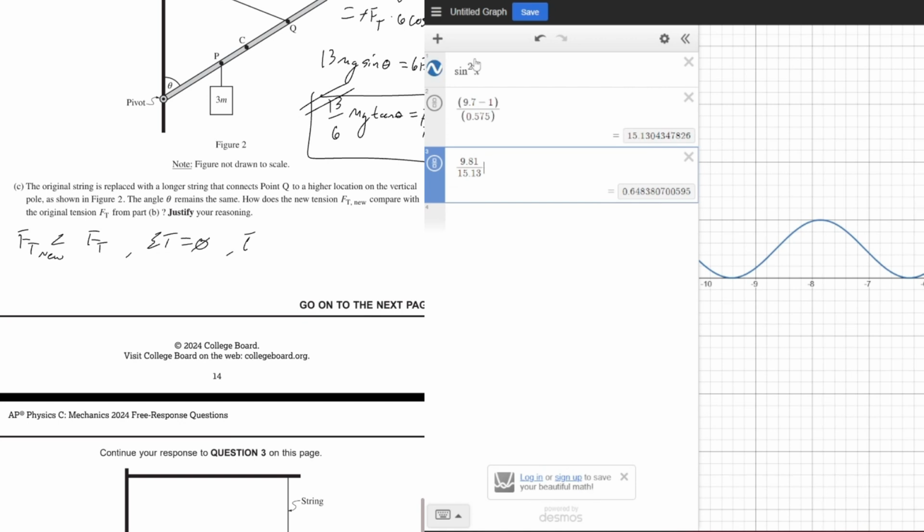The torque due to 3mg and the torque due to the force of gravity on the rod remain constant. Hence, the torque due to the force of the tension also has to remain constant. Now, the theta that was here looked like this, right?